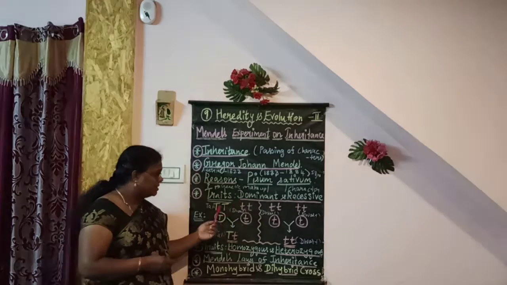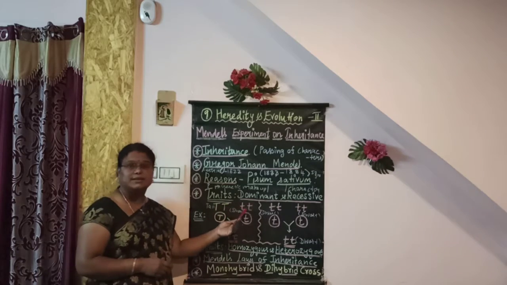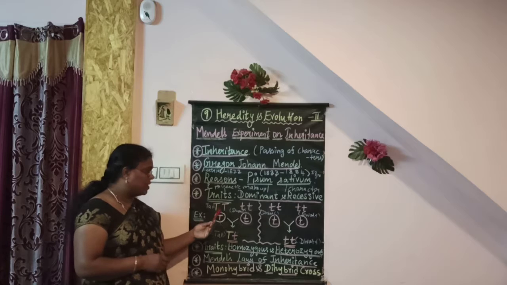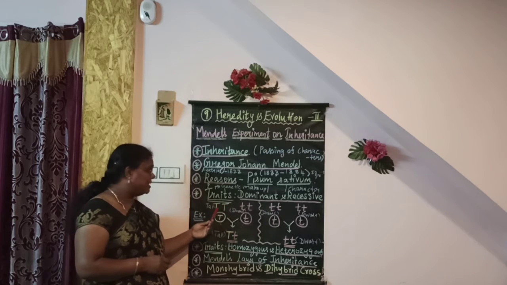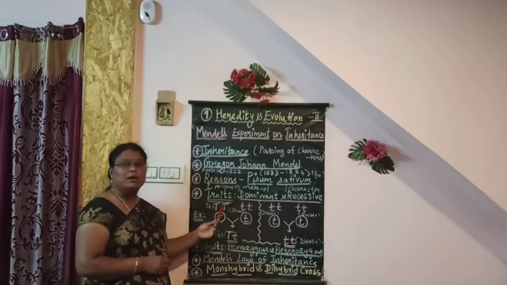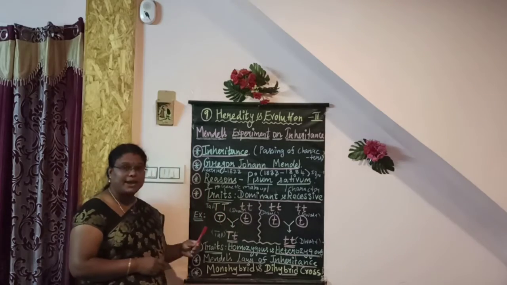See students, this is the cross between dominant trait and recessive trait. See, this is dominant, the one which is indicated in capital letter, that is capital T. Capital T is a dominant one. This is a cross between Pisum sativum plants, choosing one character, that is height.